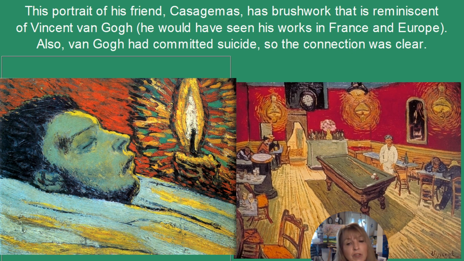So here we have the Casagemas portrait, and then we also have another work by Vincent van Gogh, who is considered post-impressionist. He's also considered an expressionist artist. He paints his expressions. He paints his moods. And so here we also see a night cafe, and it doesn't look like a happy cafe. The vantage point is tilted up.